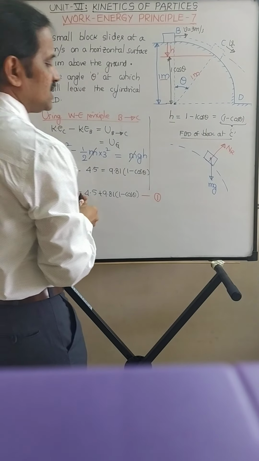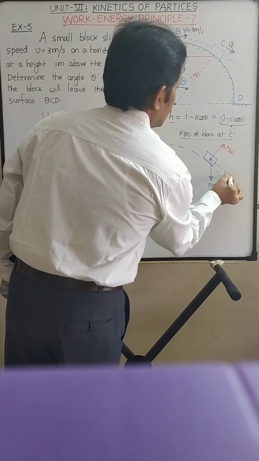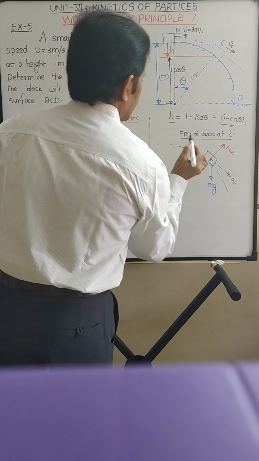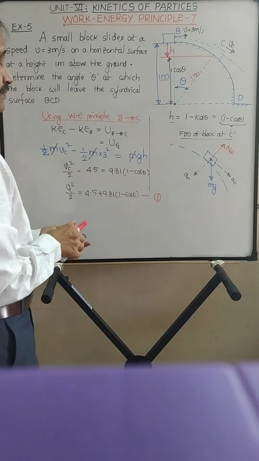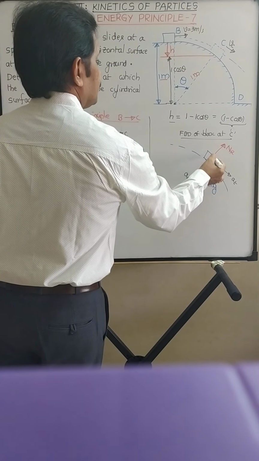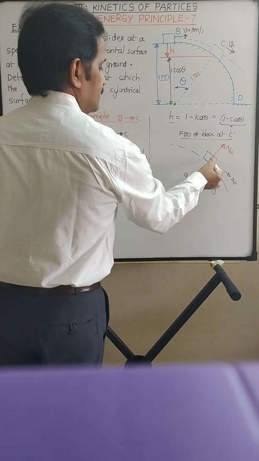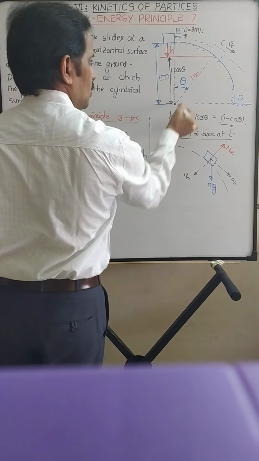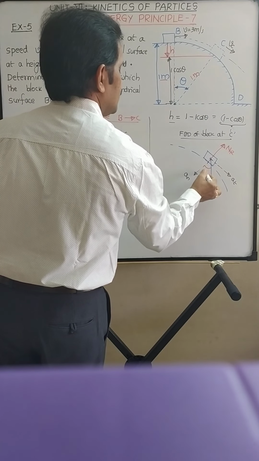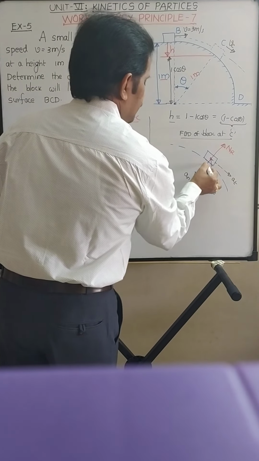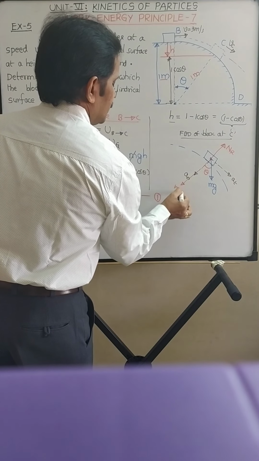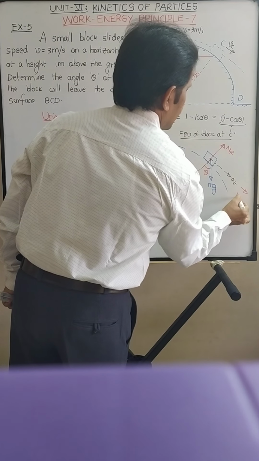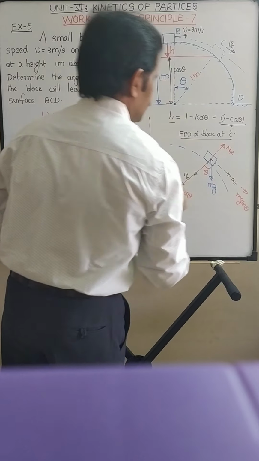Being it is moving along the curved path, it will have tangential component of acceleration and normal component of acceleration. Right. So what is the angle between this weight and the normal component of acceleration? Angle between vertical and the normal is theta. So the component of mg in the normal direction is mg cos theta, and in tangential direction mg sin theta.